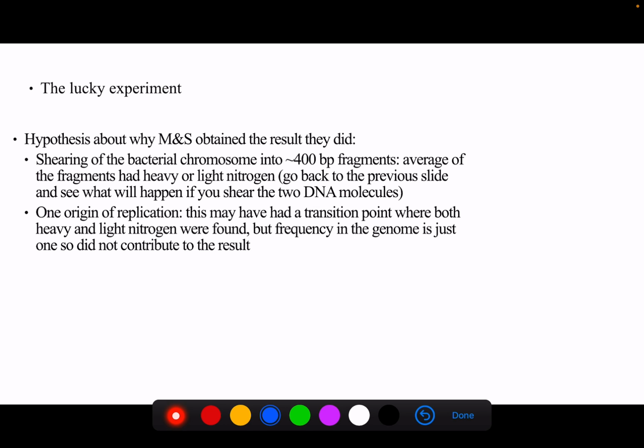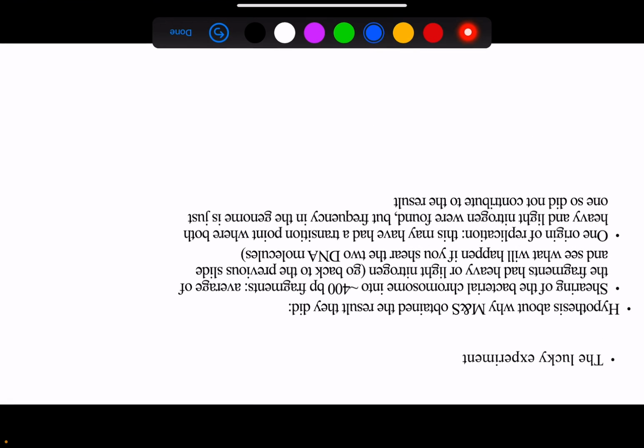Only if it gets sheared at or around the origin of replication was there a chance of a smear. But again, there is only one origin of replication, so it was really difficult, and the whole thing was very small.